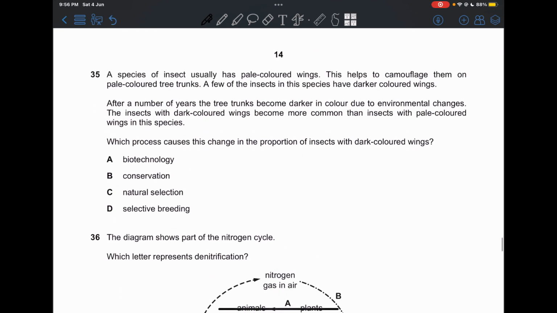Now, a species of insect usually has pale colored wings. This helps them to camouflage on pale colored tree trunks. A few of the insects in the species have dark colored wings. After a number of years, the tree trunks become darker in color due to environmental changes.